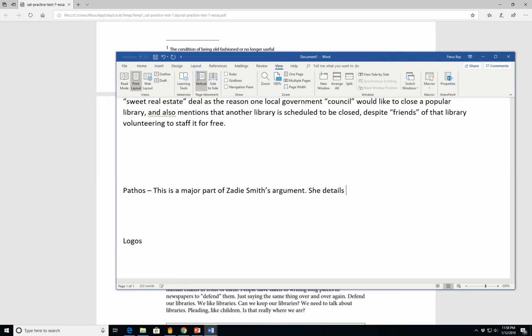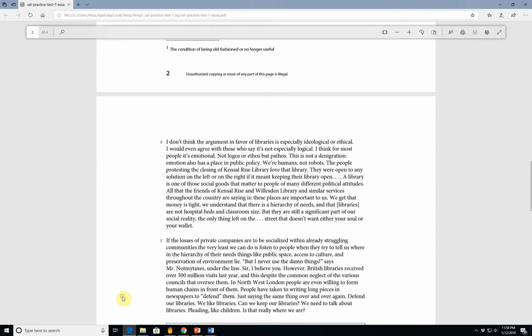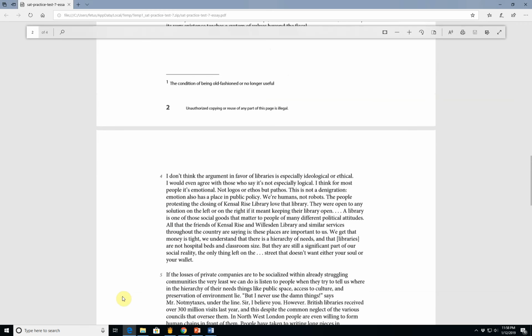She details how library supporters have offered to staff. Okay.